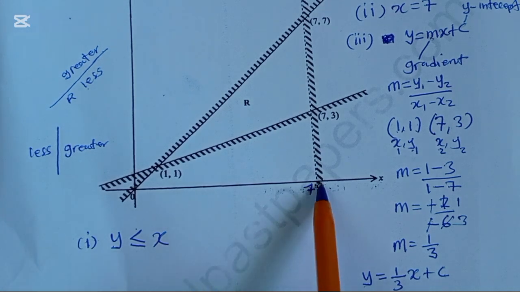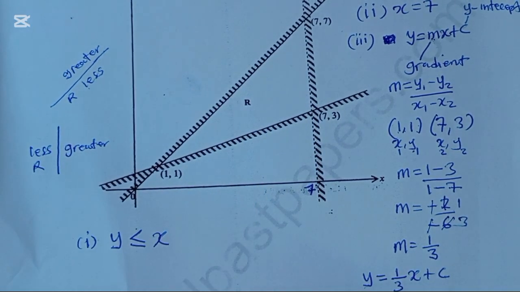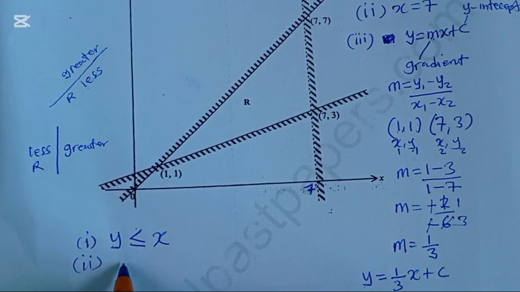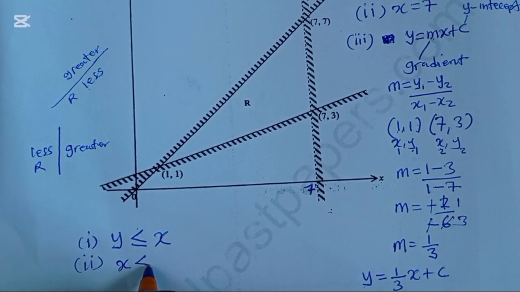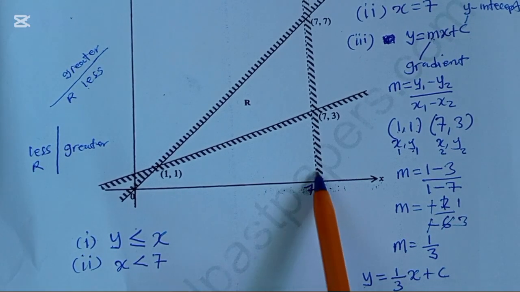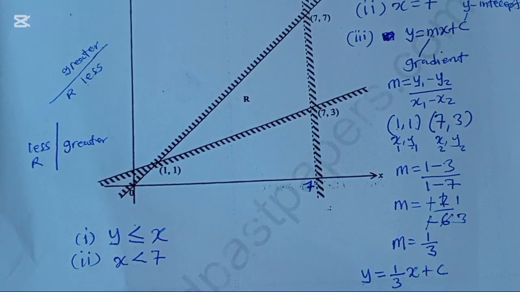So for this line, R is this side. So it is on the less part. So it is going to be x is less than 7. So it is going to be less than. Why? It is a dotted line. So we are not going to put the equal to.